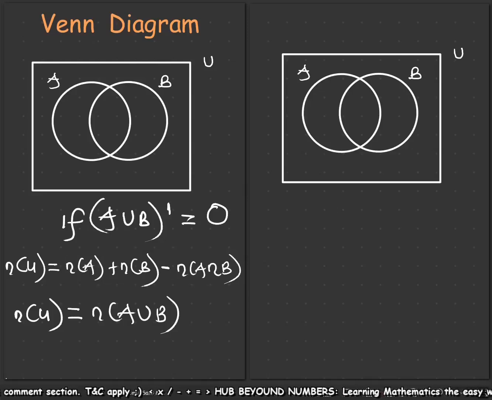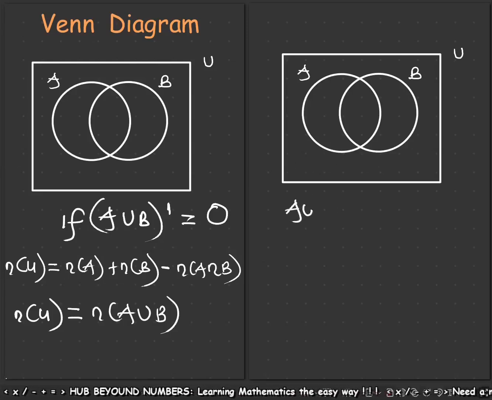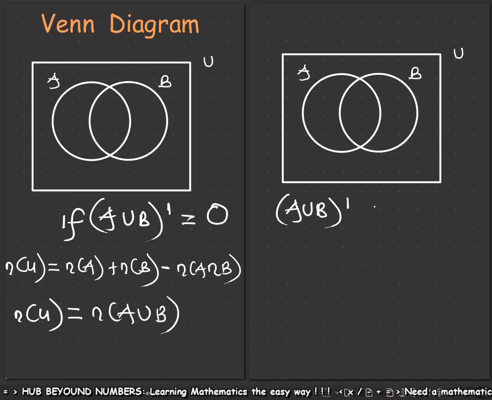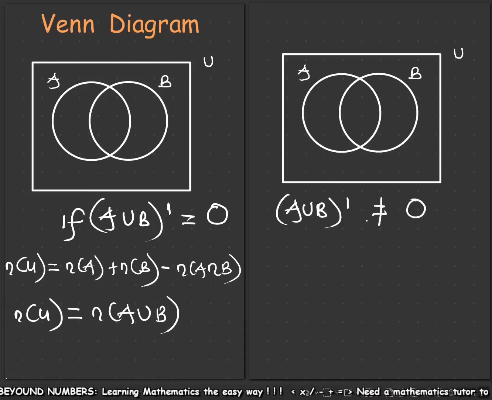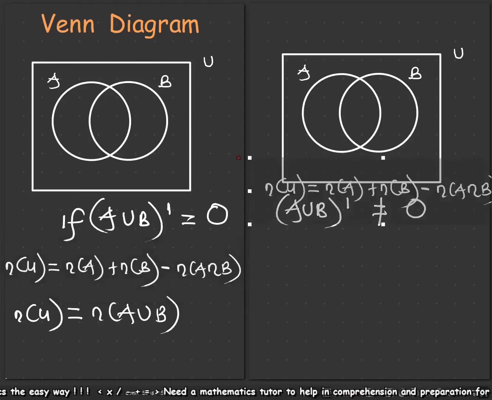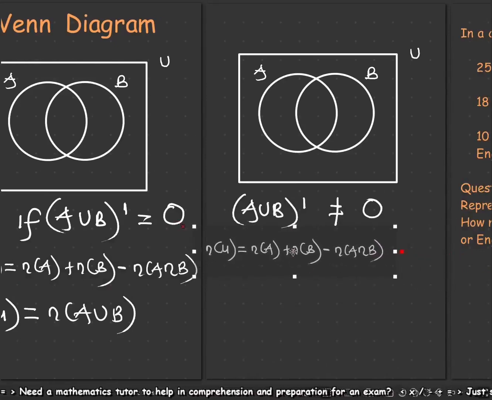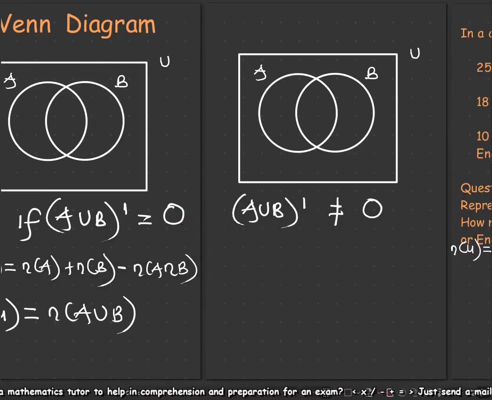Now, on the other hand, if there is something in our complement, that is, if the complement of A union B is not equal to 0, then our formula is not going to be the same thing, but this one forms part of it. So I'll write that here, and we are going to add the complement to it.